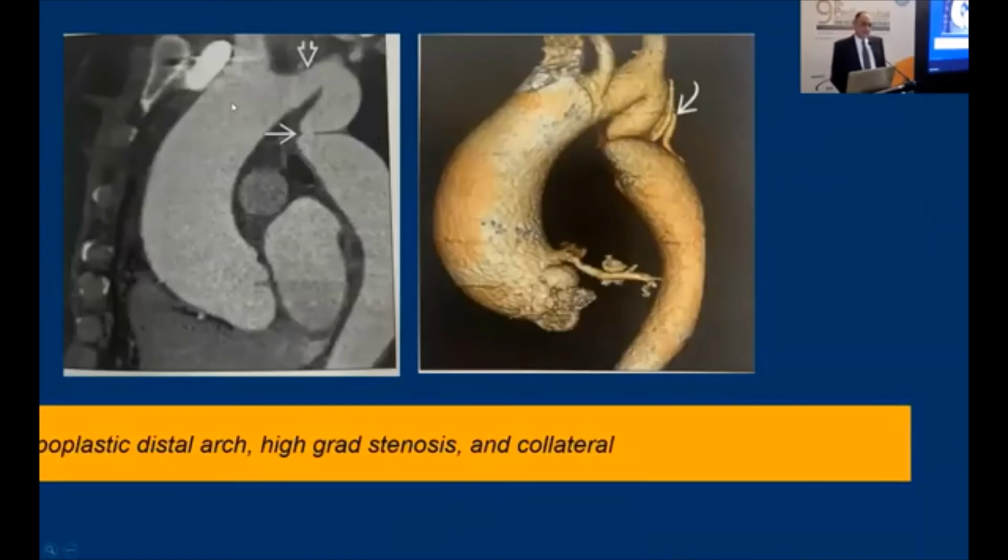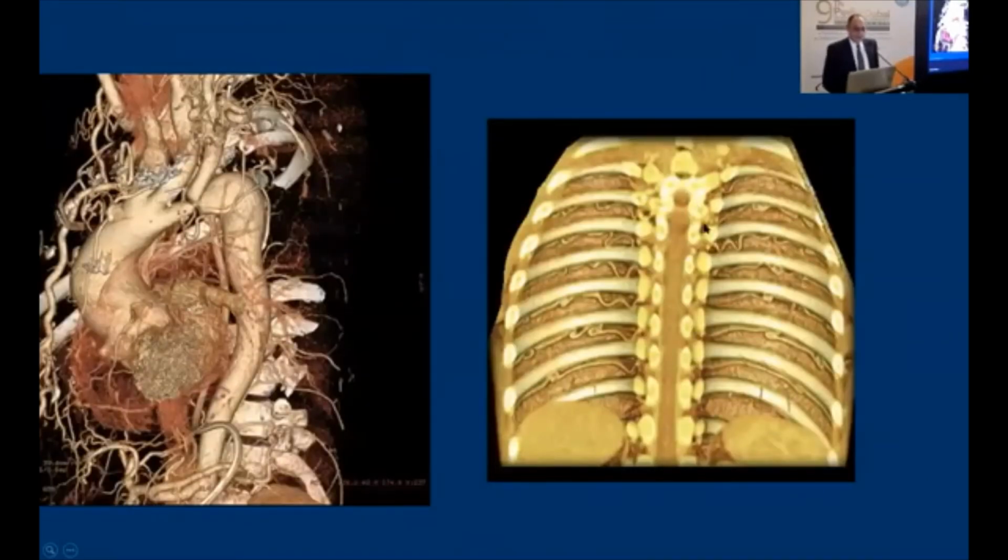More clear details about the hypoplastic distal arch, the stenotic area, the dilatation of the descending aorta, and the collateral vessels between the pre-stenotic and post-stenotic areas. A coronal reformatted image shows the dilated tortuous intercostal arteries, and another image shows the stenotic area and dilatation before and after.